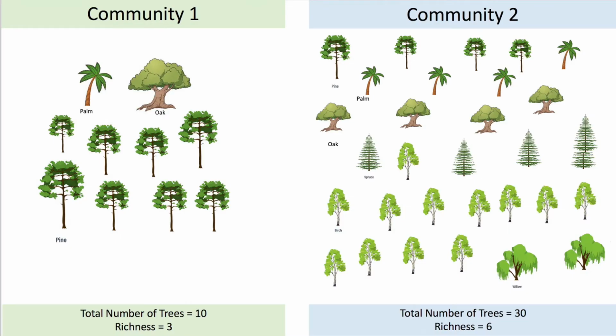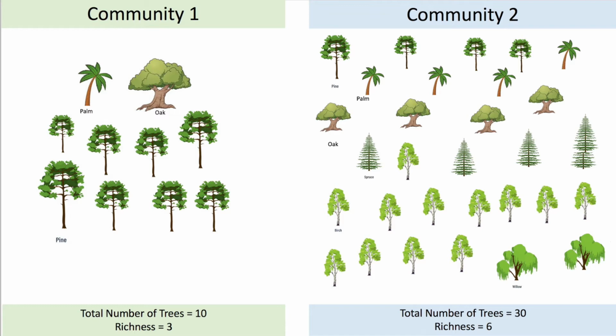Now, let's compare this community number 1 to a second forest community. This community also has pine trees and oak trees and palm trees, but you'll notice we also have different kinds of trees in addition to that.